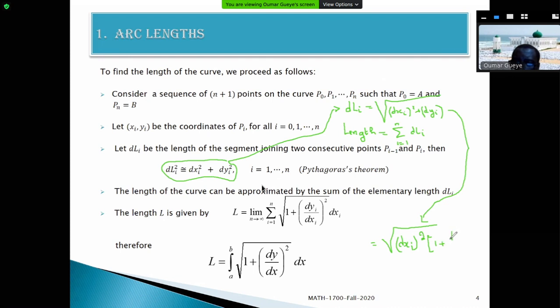I just factor out the dxi. I'm going to take it out of the square root in the next step.